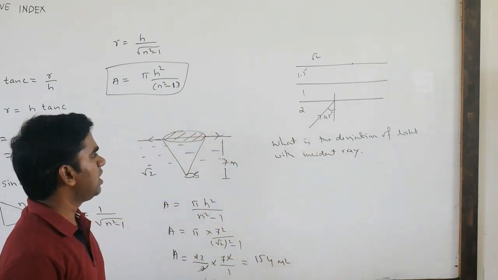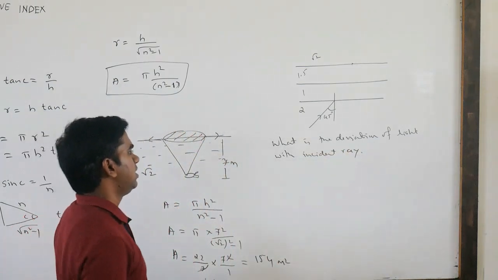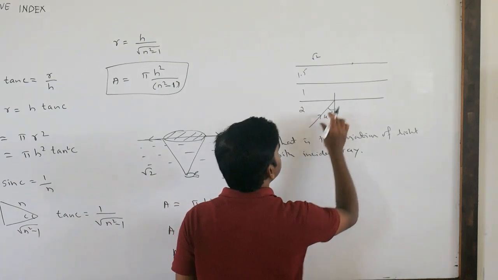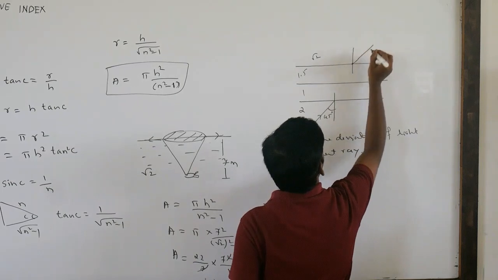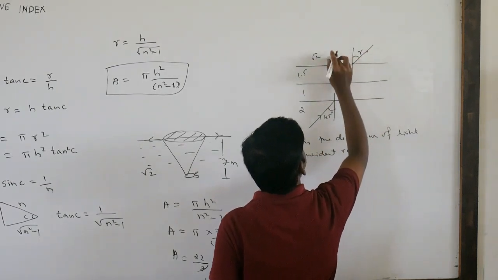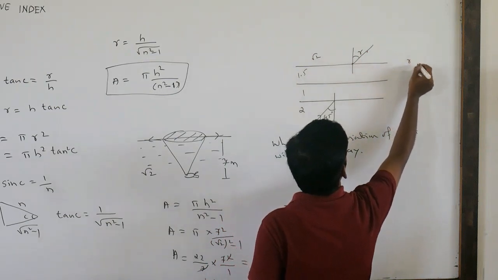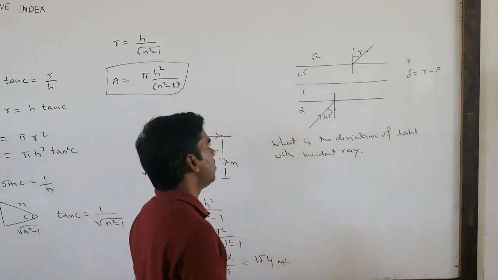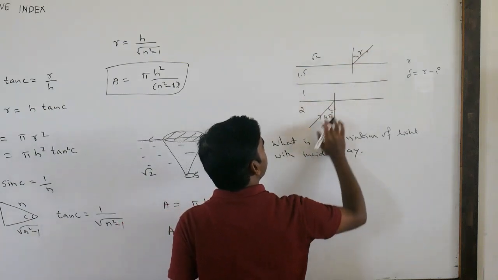Okay. So usually what we do here, listen properly, we know the refractive index here and the angle of incidence. What we usually take here is this, and this is going to be r. So here the refractive index is also known, so we can find r. So delta is what? r minus i. Because we can directly apply from here to here.